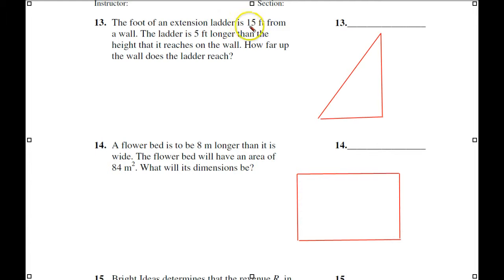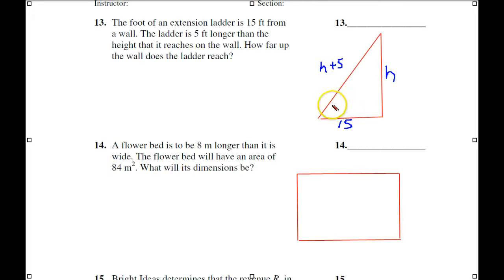And this ladder is 15 feet from the wall. Now the ladder is 5 feet longer than the height it reaches up the wall. So we could say this is H here, and the ladder is going to be H plus 5.